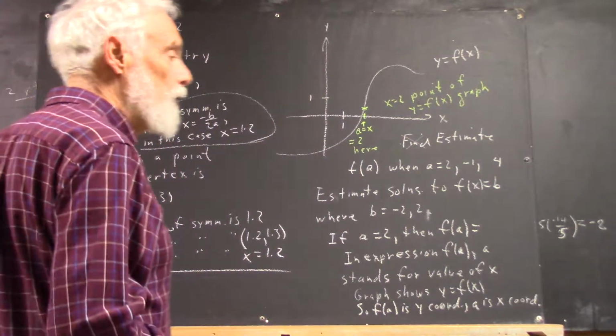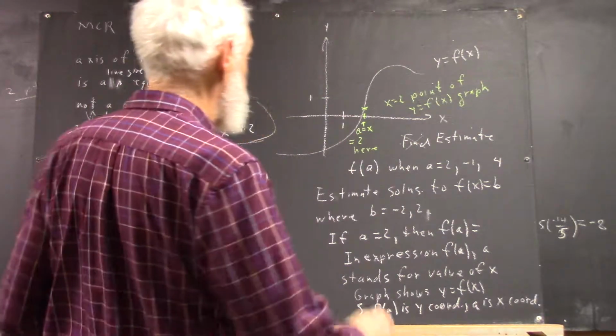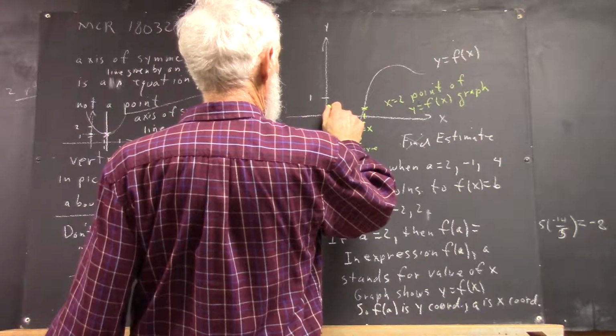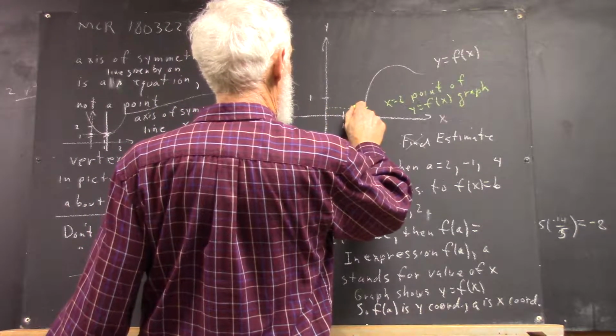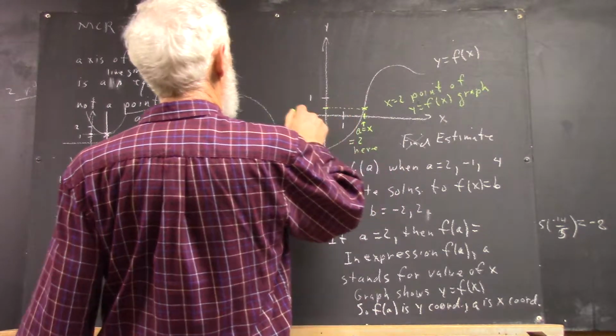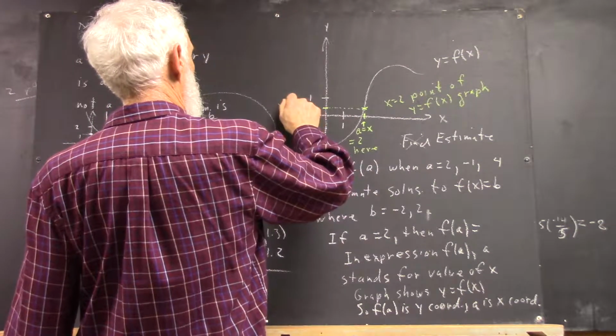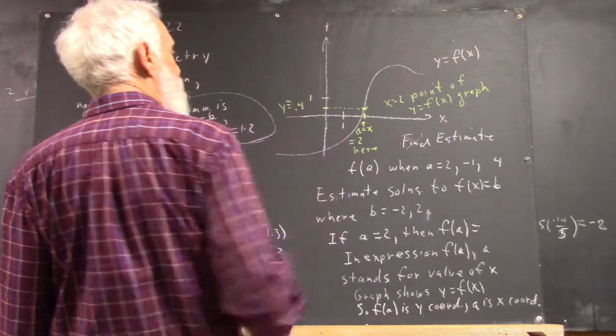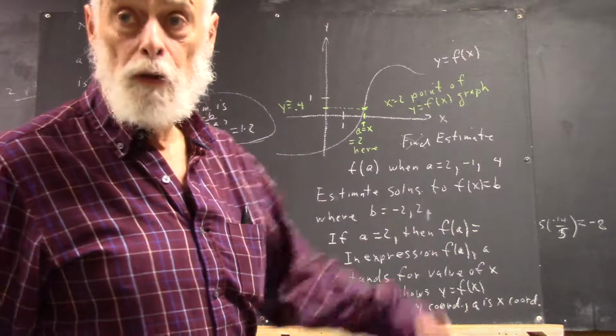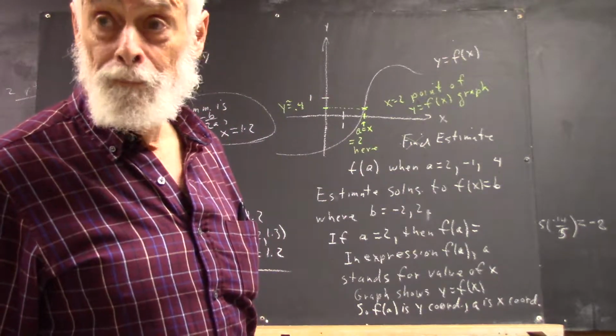And now what's the y coordinate? 1/4, I could go with that. The y is approximately 0.4 according to the way I drew this.